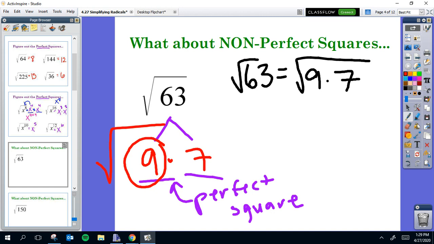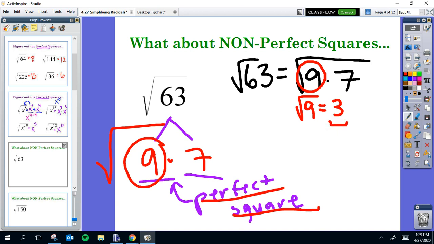Right now, I can circle 9 because that is a perfect square. And I know that the square root of 9 equals 3. What that means is because 3 is a whole number, it no longer needs to be under this radical. I can move it to the outside.